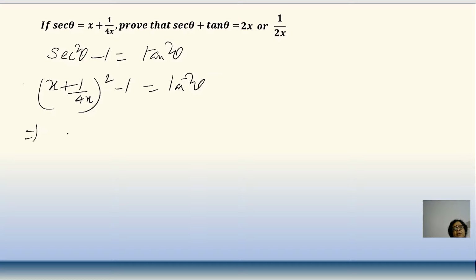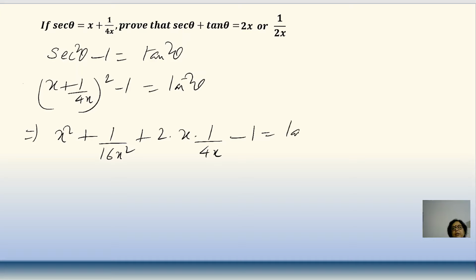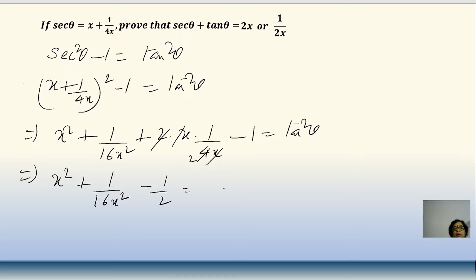So this becomes equal to x square plus 1 by 16x square plus 2 into x into 1 by 4x minus 1 is equal to tan square theta. So now this x and x will get cancelled, 2 and this 4 we can cancel out, and we are left with x square plus 1 by 16x square. Now this is half minus 1, that is minus half, is equal to tan square theta.